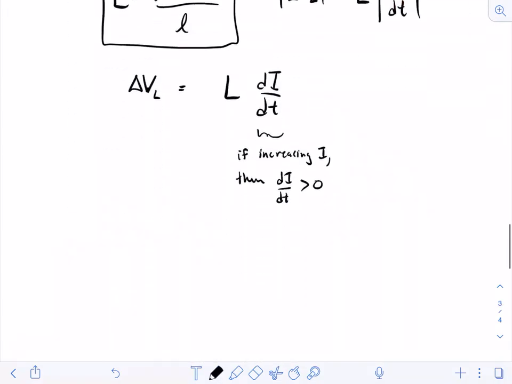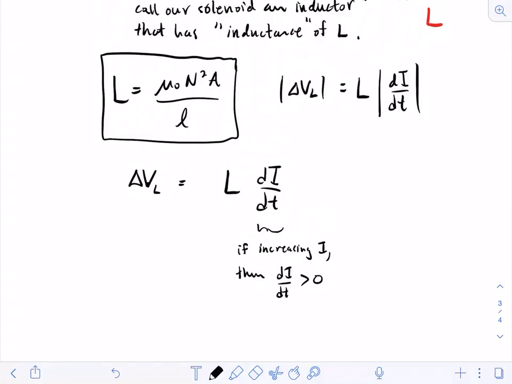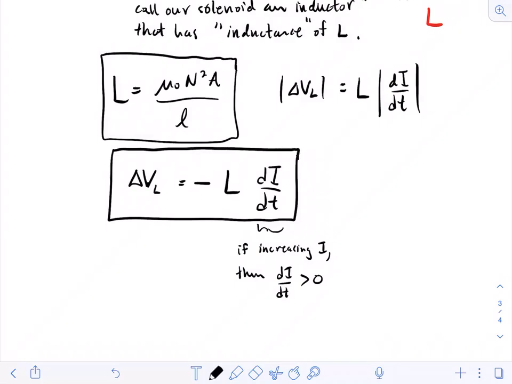So the expression that we've written down so far is the product of two positives, and so we require a negative sign to correct that. So that's the voltage difference across our inductor, which is just a solenoid that has inductance L, which is determined by geometrical parameters, the cross-sectional area and length, and the number of turns of wire.